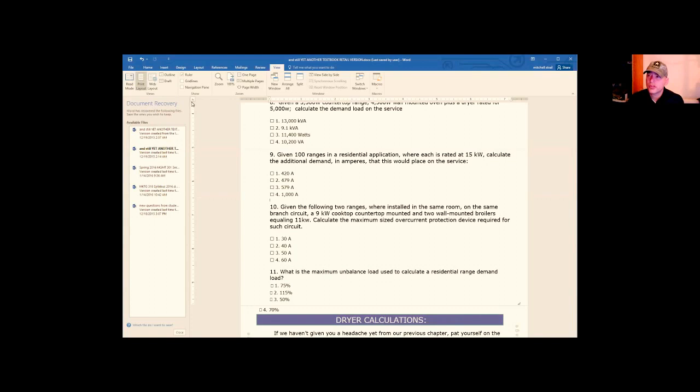Are you doing a branch or service calculation with that question? Branch. Doing a branch, that's right. So I add up 9,000 plus 11,000, and I'm gonna use the column first, the 8,000. So 12,000 minus 12,000 equals 8,000. That's 400.